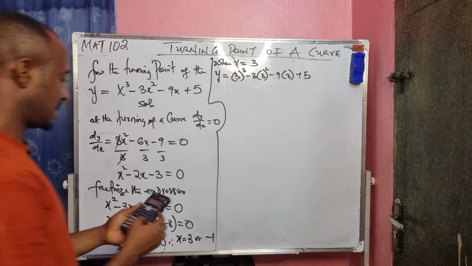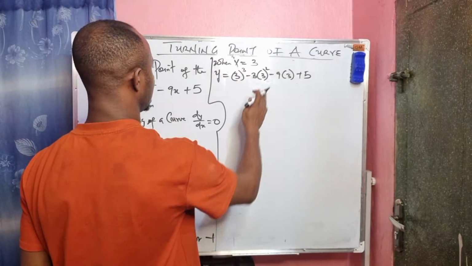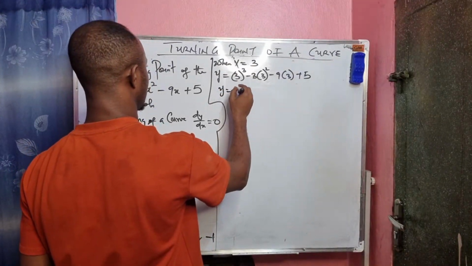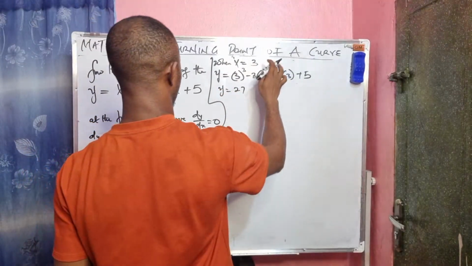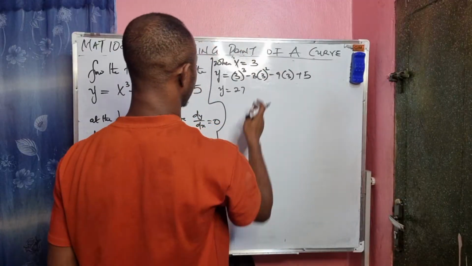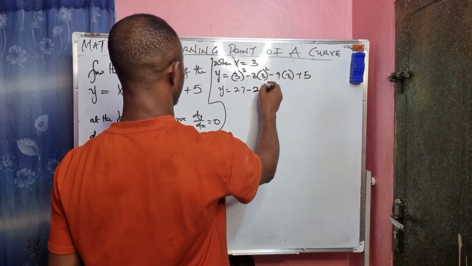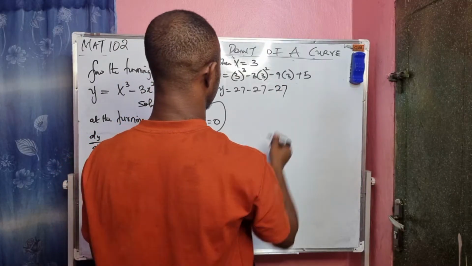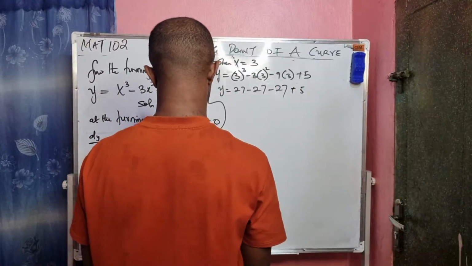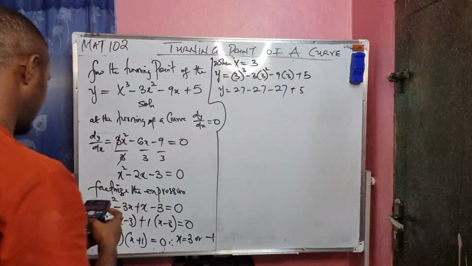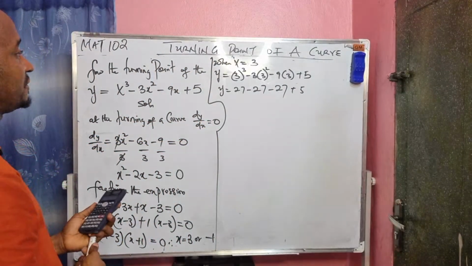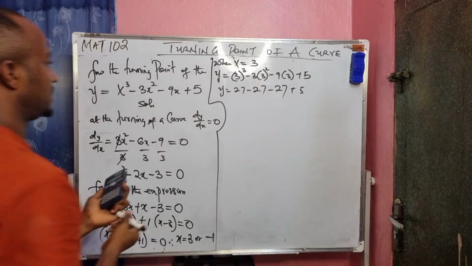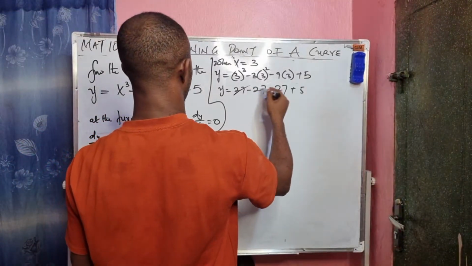So let's check what we have here. This is y equals to 27. 3 squared is 9 minus 27. Here will also give us minus 27, right? Then plus 5. So let's check this out. 9 times 3, okay? So we have here as 27. This is already off.